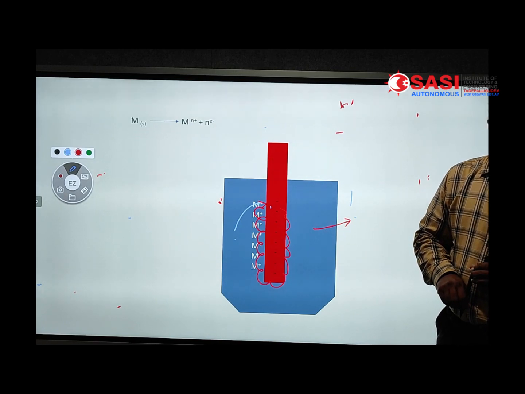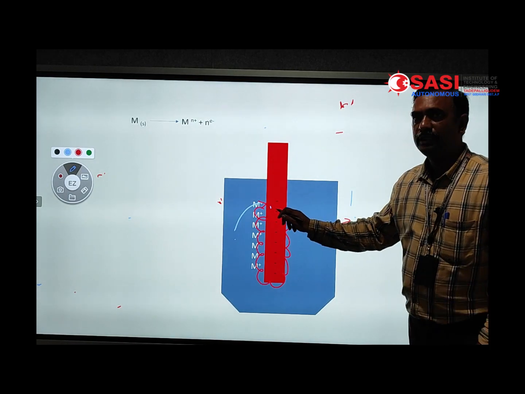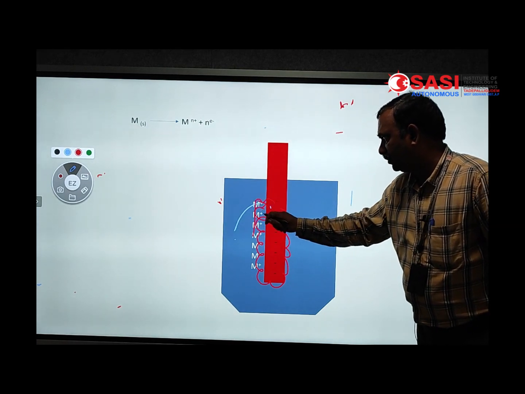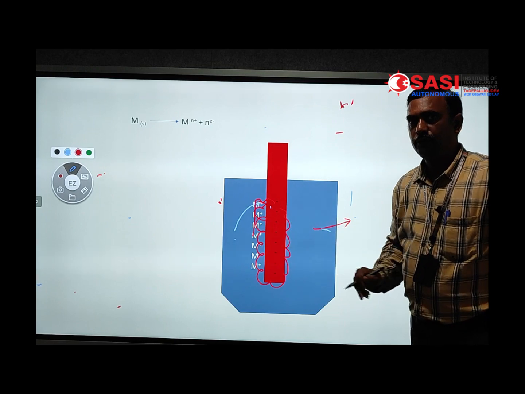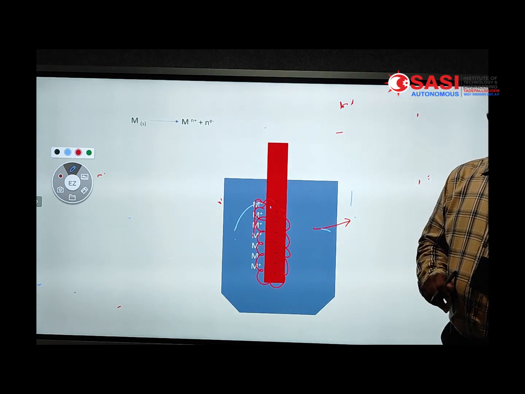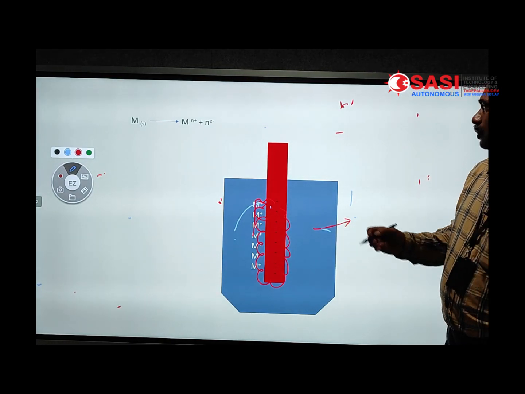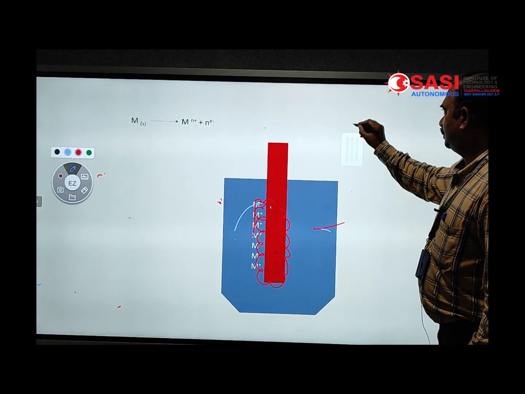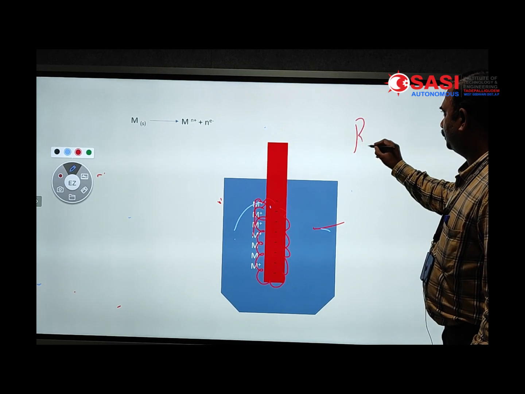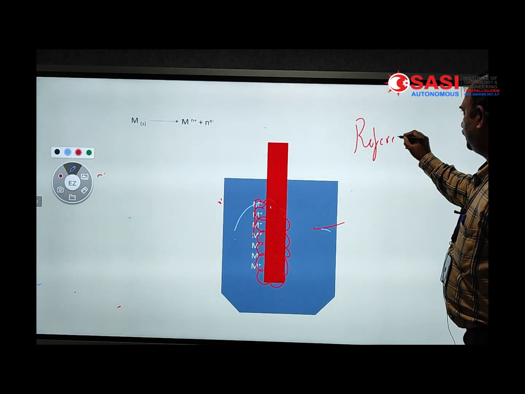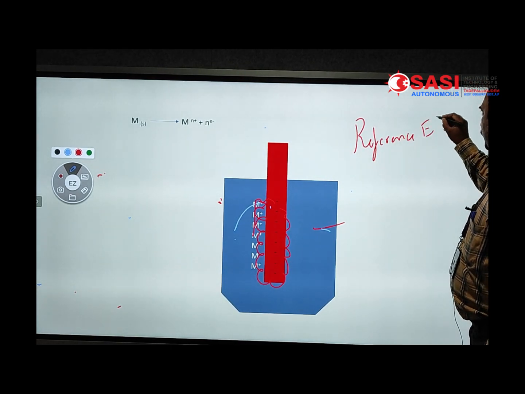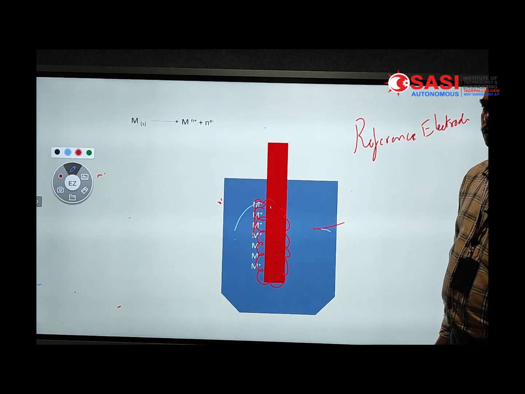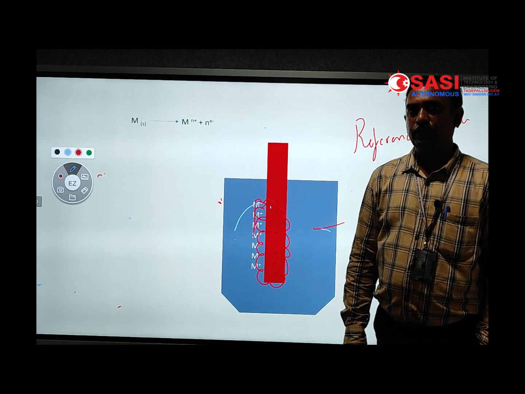It is not possible, because you can't measure the potential or the potential difference between these plus ions and the electrode. So what you should have? You should have another electrode which is called a reference electrode or standard electrode. What you should have? A reference electrode, for what? In order to determine the electrode potential.